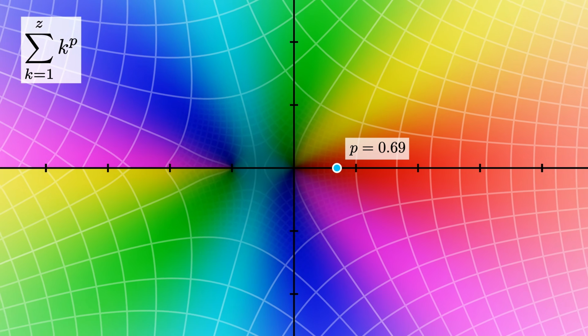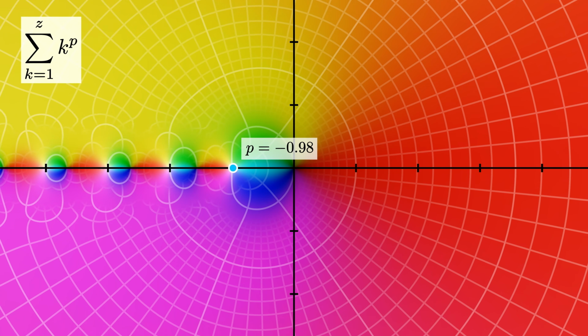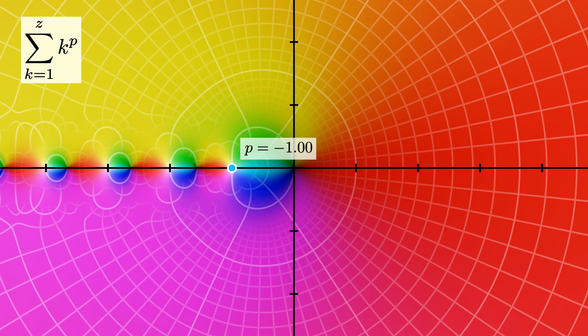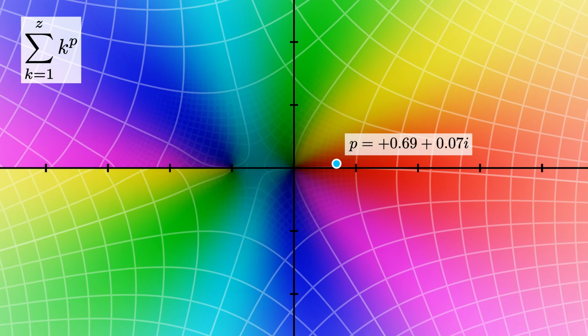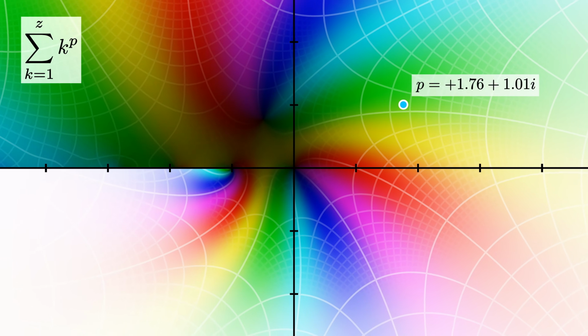My personal favorite value for p is -1. If you've been with me from the beginning, this is the extension of the harmonic numbers from my first video. But we don't need to stick to just real numbers. We can move p anywhere on the complex plane, revealing a whole world of beautiful functions.